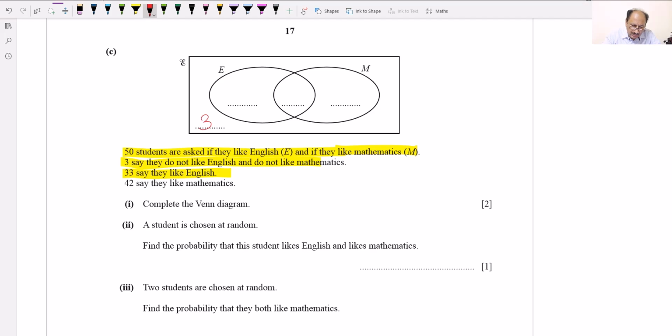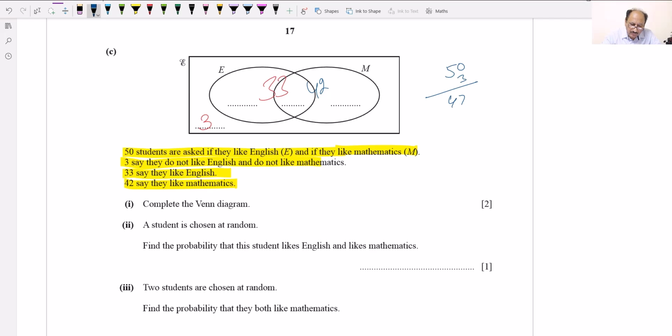So 33 are in this English section, and 42 say they like mathematics. So 42 are in this section, but the total should be 50. So 50 is the total, 50 minus 3 remaining will be 47. So 47 is the total one.